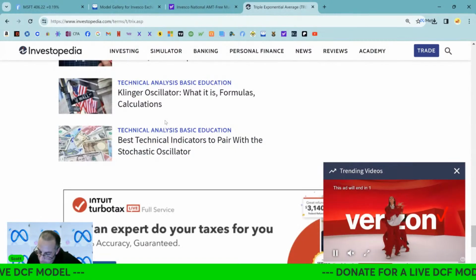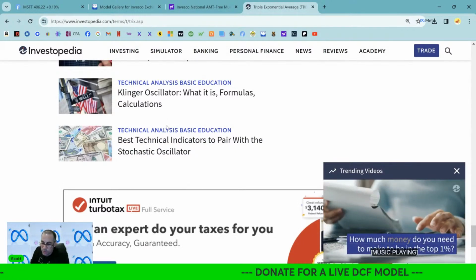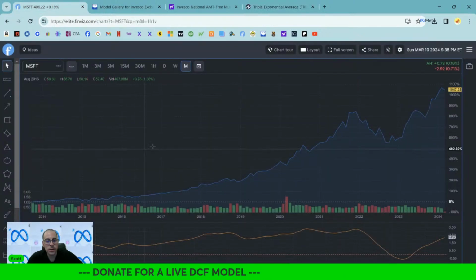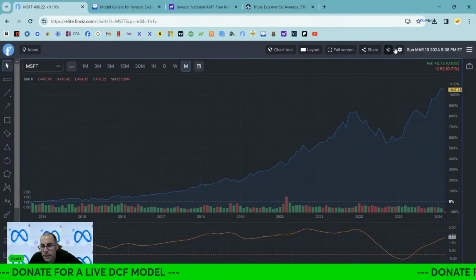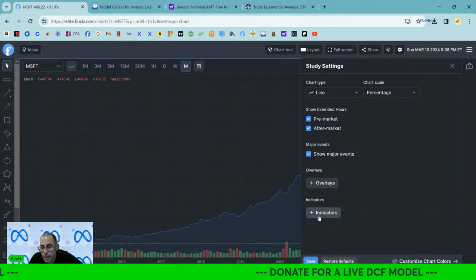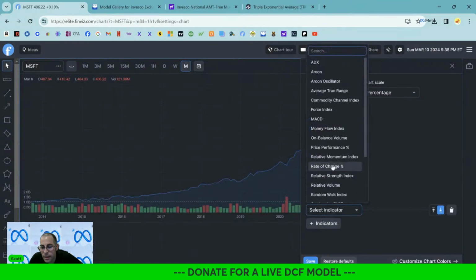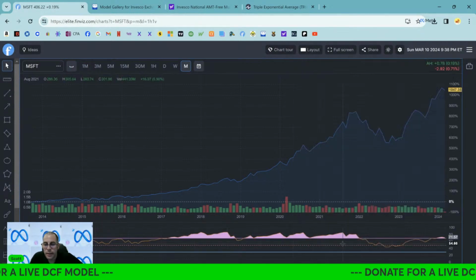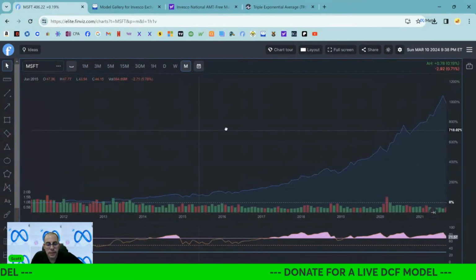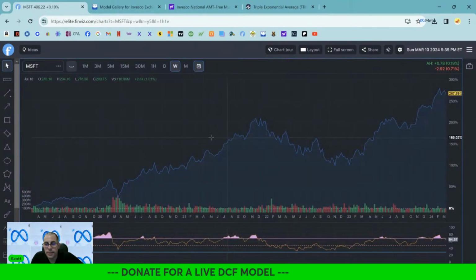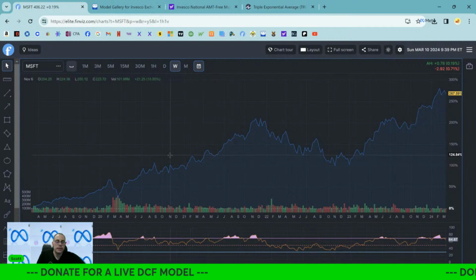Good to tighten the stop if it shows an overbought condition. The thing is, if you use these indicators, unless you're constantly buying and selling, so like obviously Microsoft has done well.